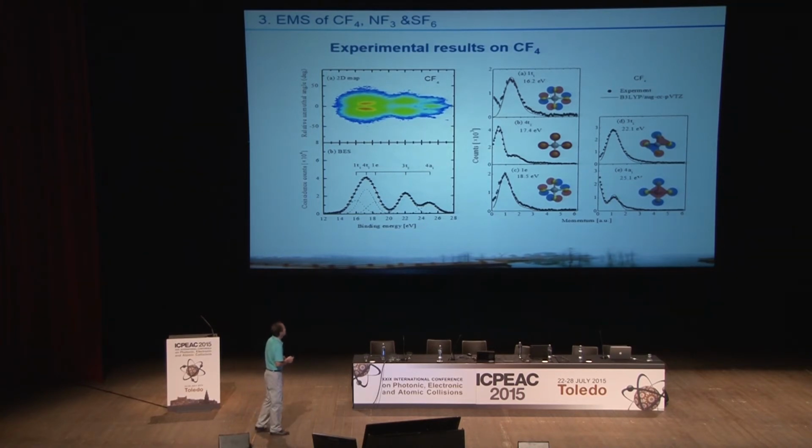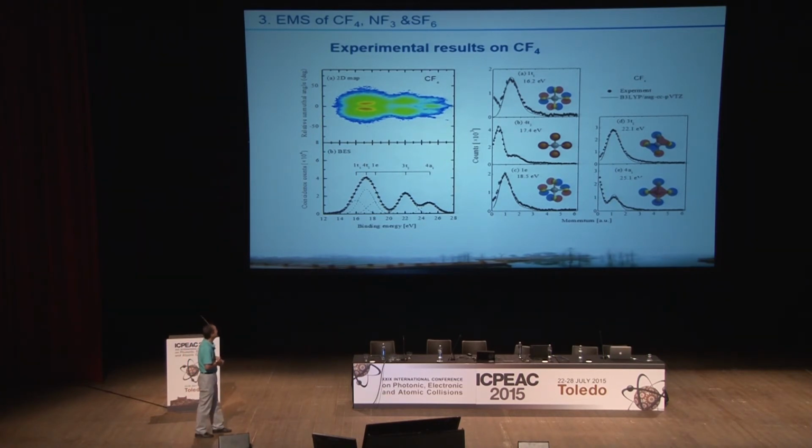Here is for HOMO and so on, and these three outermost molecular orbitals are composed of fluorine atomic orbitals. This molecular orbital is a non-bonding orbital.